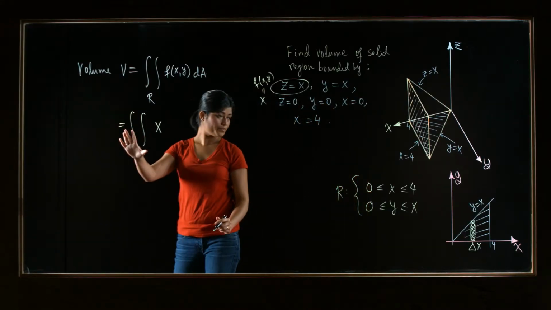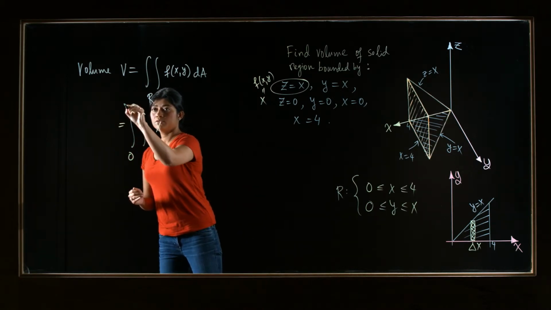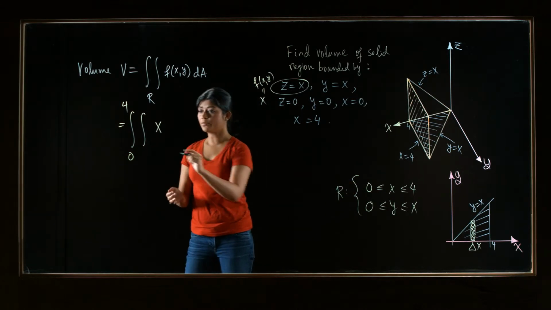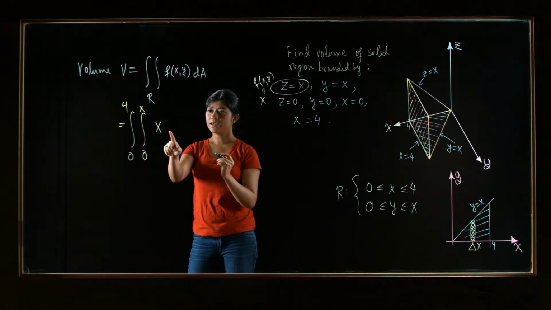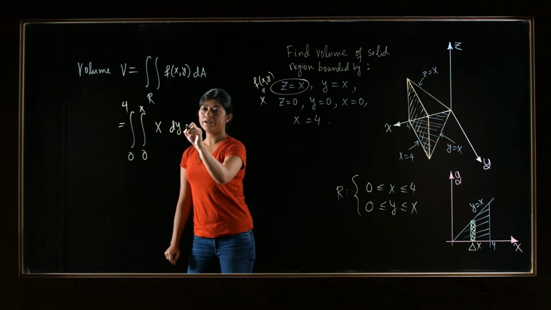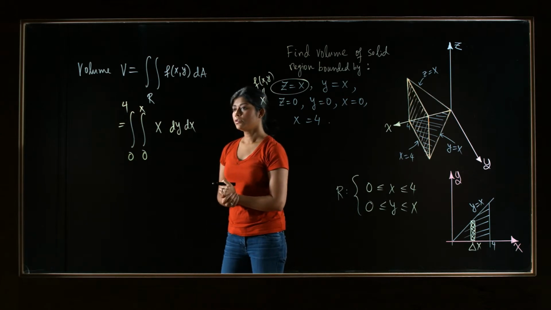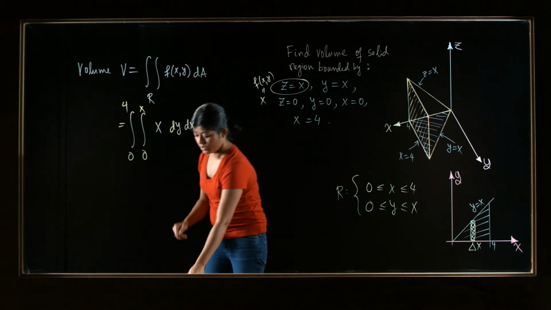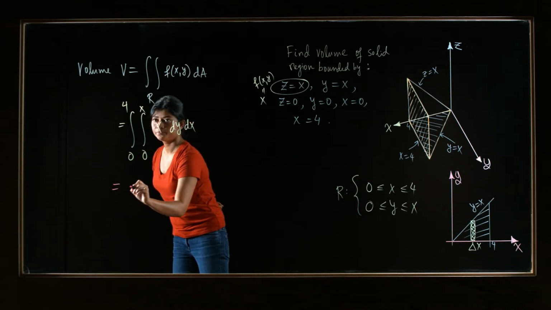So come back here and let's write down x is the outer bound. So we have 0 to 4 on the outer integral. y is the inner bound. So 0 to x in the inside one. And then here we will have dy dx because x is the outer variable. Now that we have our setup for the double integral, we just have to compute it.